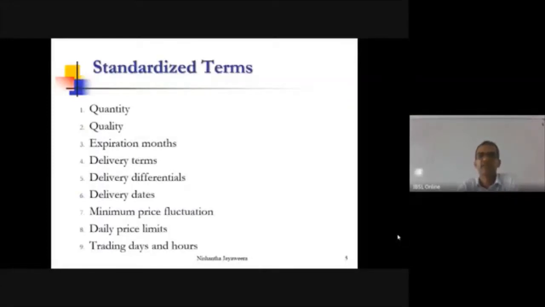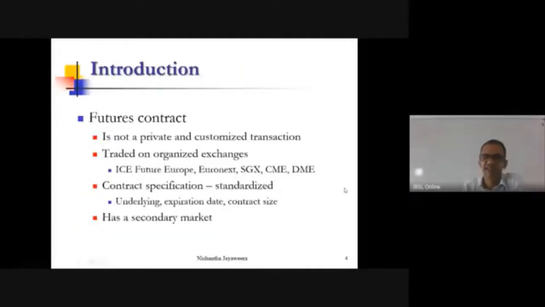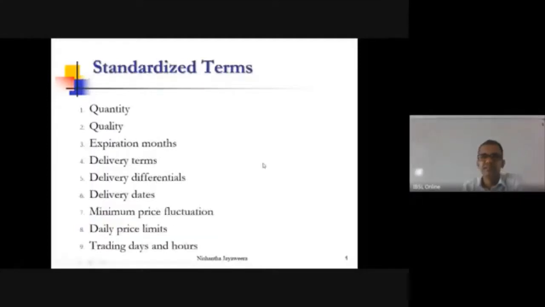So when it says the product is standardized, what are the terms? The quantity. For one contract, what is the quantity of the underlying? If there needs to be any quality for commodities like gold, oil, or any other agricultural product, they specify the quality.